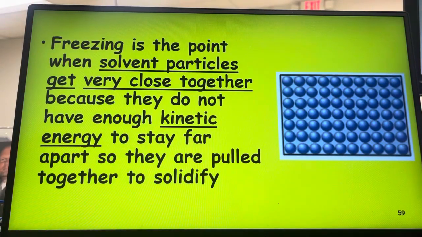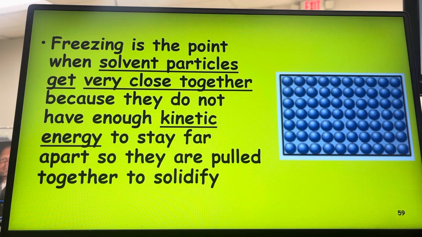At that point, with those solvent particles, you can imagine putting a cup of Kool-Aid in the freezer, okay? The solvent particles get very close together because they do not have enough kinetic energy to stay far apart. So they're pulled together to solidify. And then they look like this, a crystalline solid, like ice or any solution.